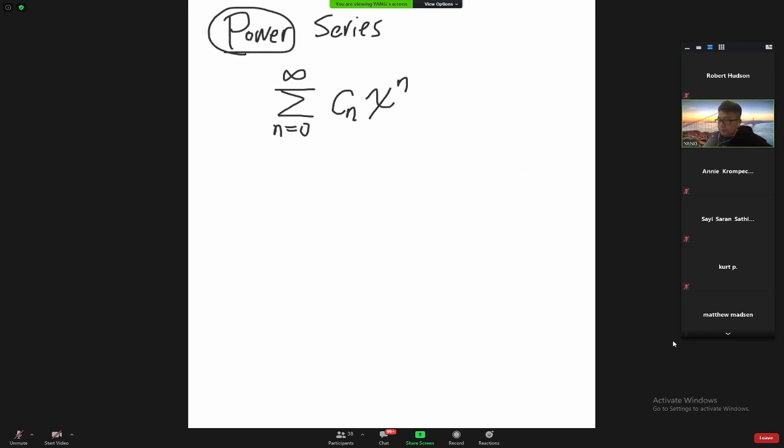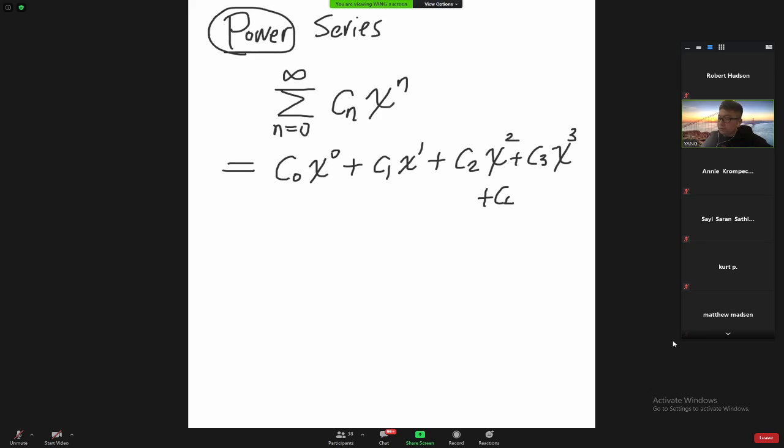Let me write out every term. The first term is c_0, x to the 0. Second term, c_1, x to the 1. Third term, c_2, x to the 2. c_3, x to the 3. c_4, x to the 4. Just keep going. Okay, and what is x to the 0?